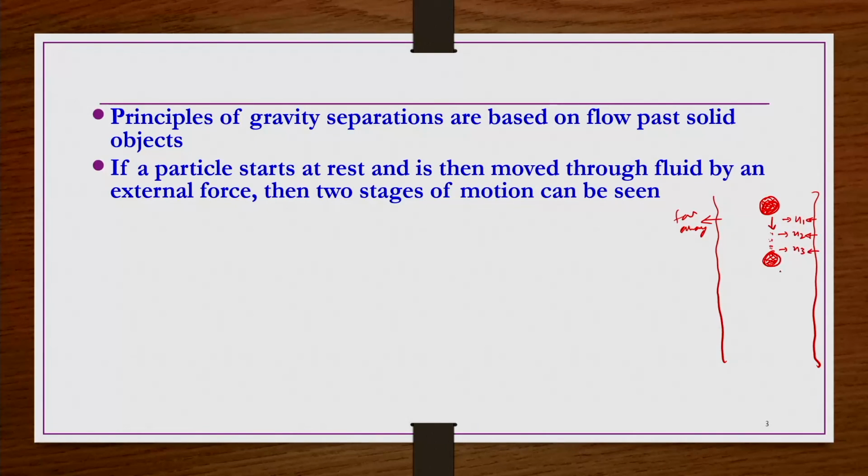Like that, if you measure at different locations, you can see that in the initial stages there is an acceleration of the particle, that is, this du by dt increases and does not become 0.